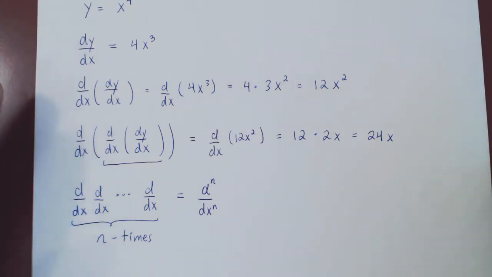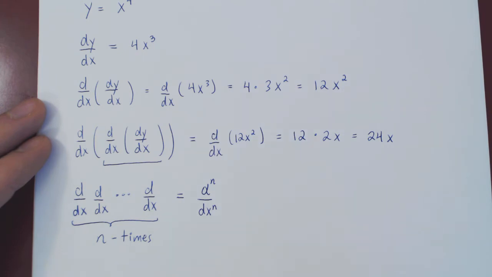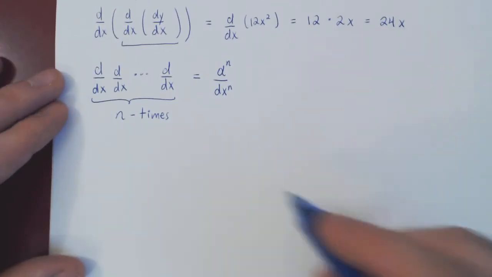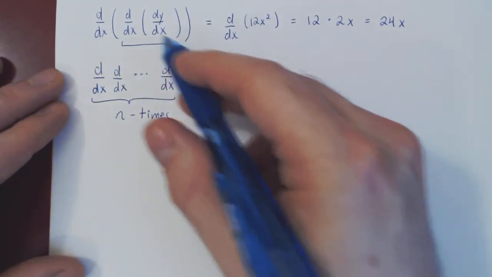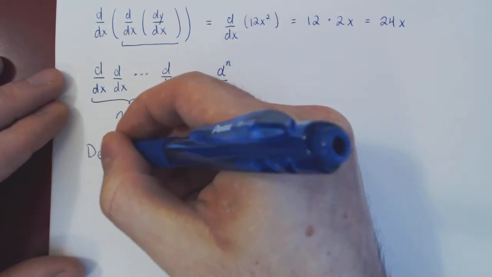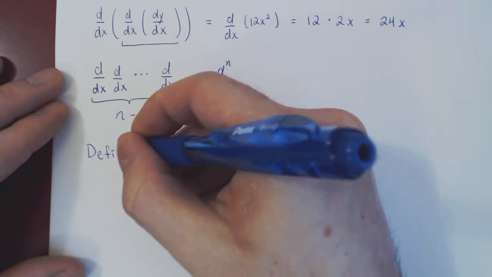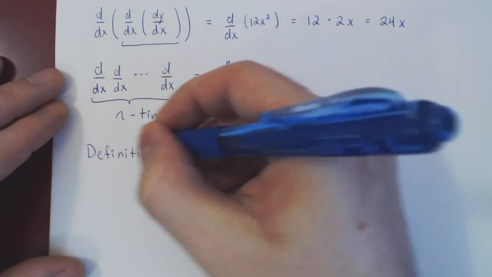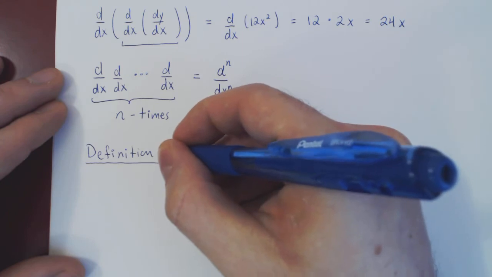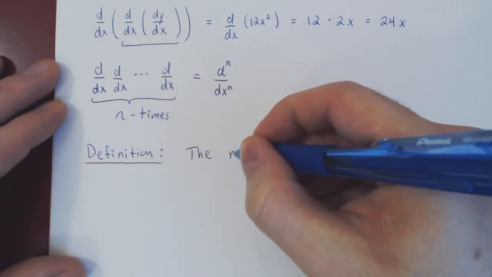So let's now give a definition of what we call the nth derivative, which is simply take the derivative of the function n times. And you'll see we'll have also a notation that is very close to this. There will be equivalent, so you can use either one. So the nth derivative.